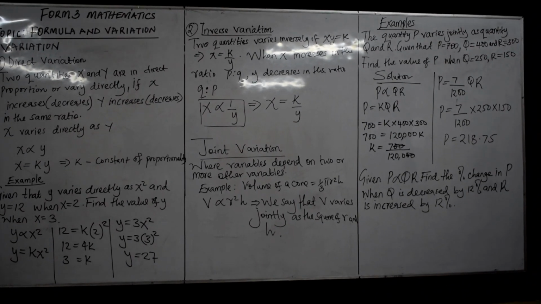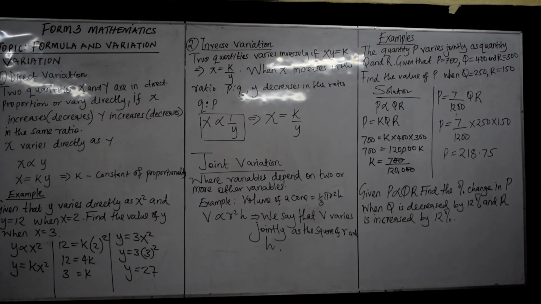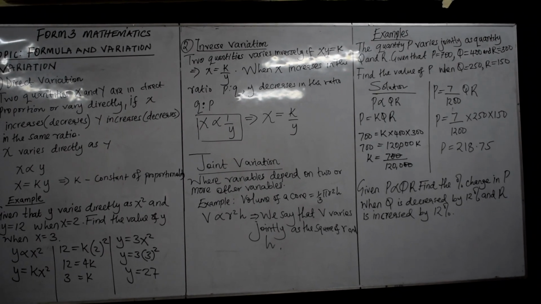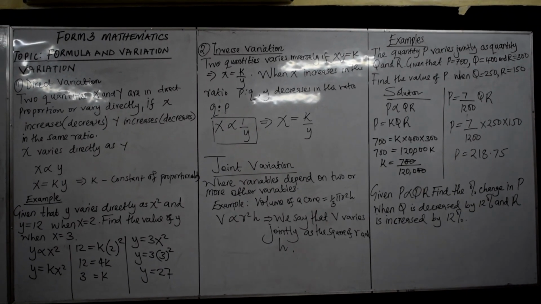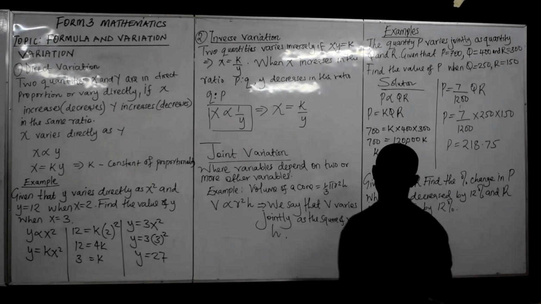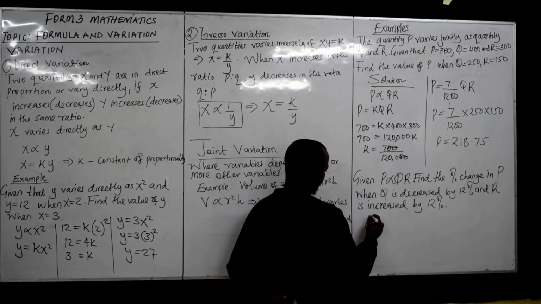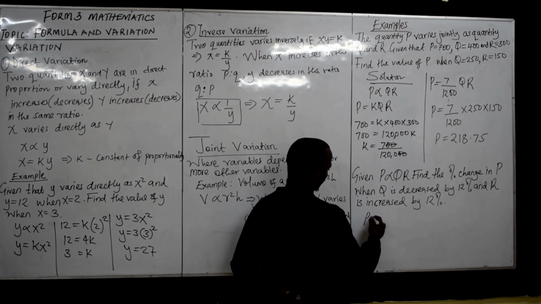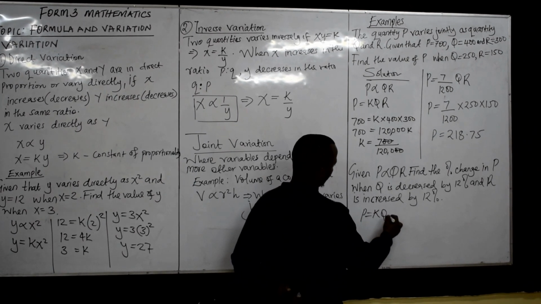So in the next example, we are given P varies as Q and R. Find the percentage change in P when Q is decreased by 12% and R is increased by 12%. So this is about percentage change. The initial P will be equal to KQR.